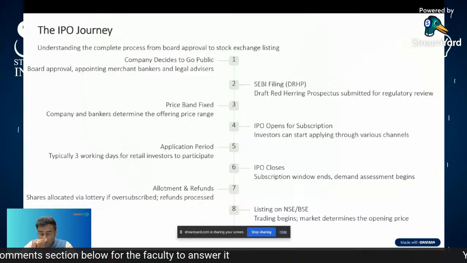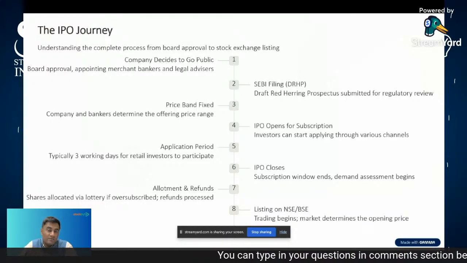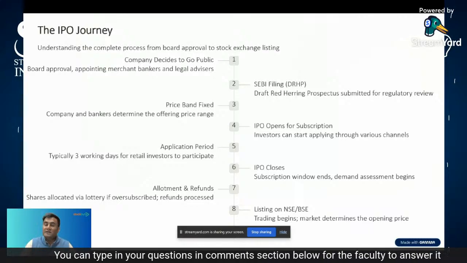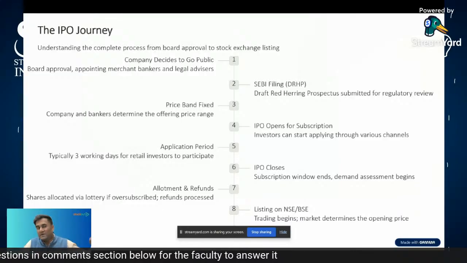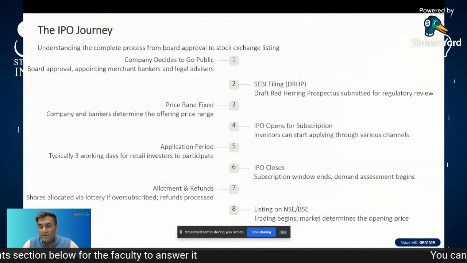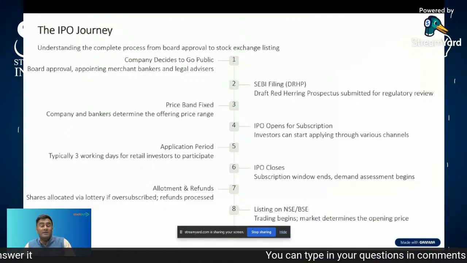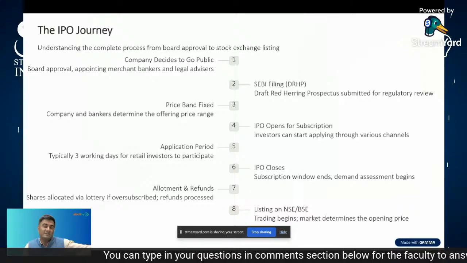So before the IPO opens up for subscription, between point number 3 and point number 4, friends, there will be a lot of marketing campaigns, advertising campaigns, road shows that will be conducted to spread awareness, or rather to highlight the particular company, its business, how many lives they have touched through their products.